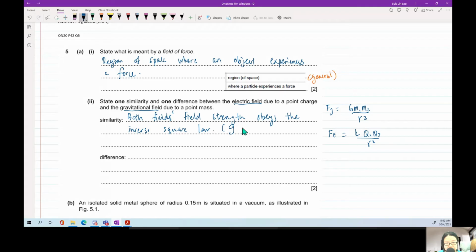Meaning gravitational field strength is proportional to 1 over r squared, and electric field strength is also proportional to 1 over r squared. So I'm not going to talk about the force, I will just talk about the field. This is one option of answer. Second option of answer would be both field lines are radial.